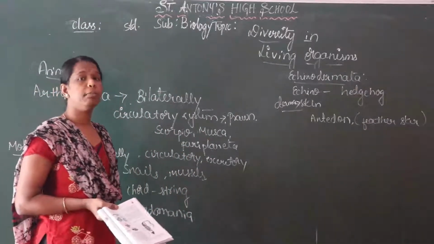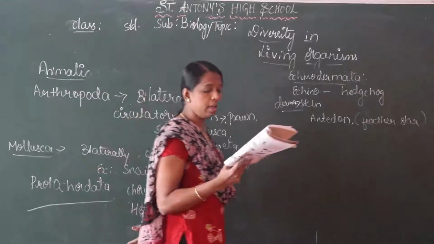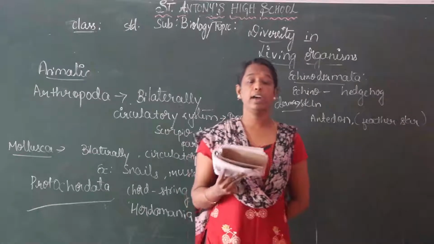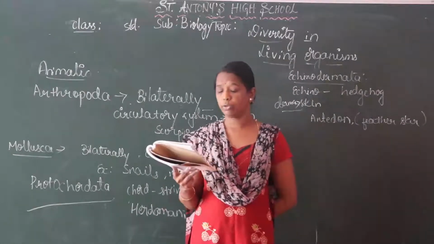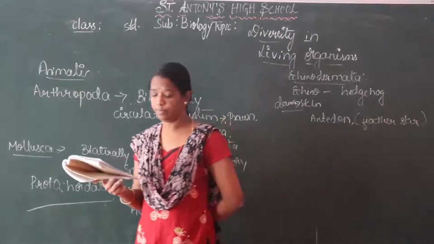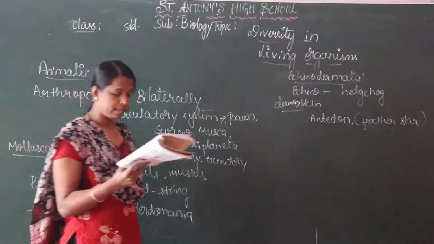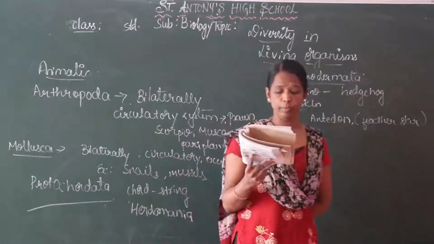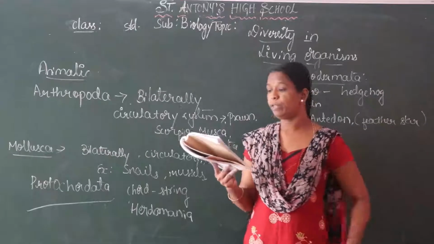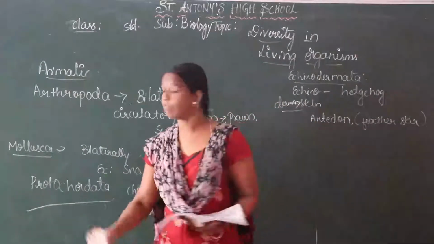Vertebrates means having a backbone. All chordates have a notochord, meaning a thread-like structure, a dorsal nerve cord, triploblastic, pharyngeal gill pouches, and coelomic. Vertebrates are grouped into 5 classes. Okay, so let us discuss the classes of vertebrates.